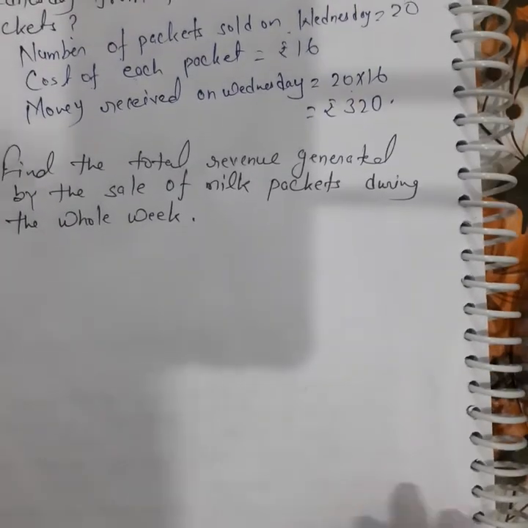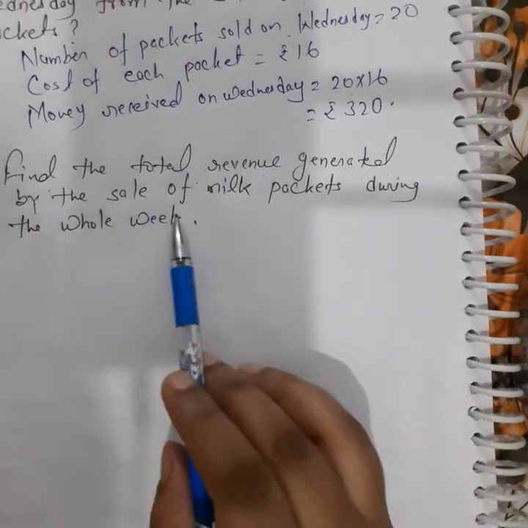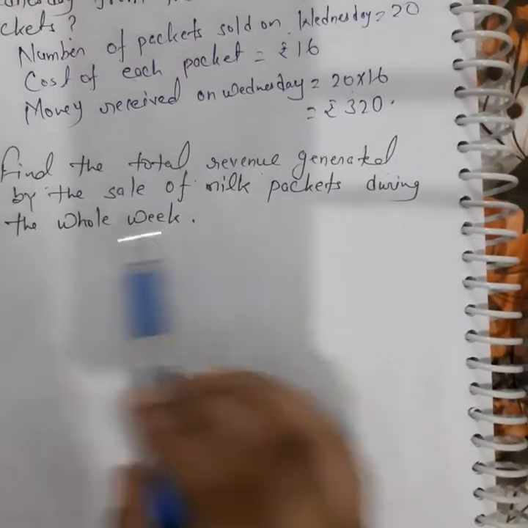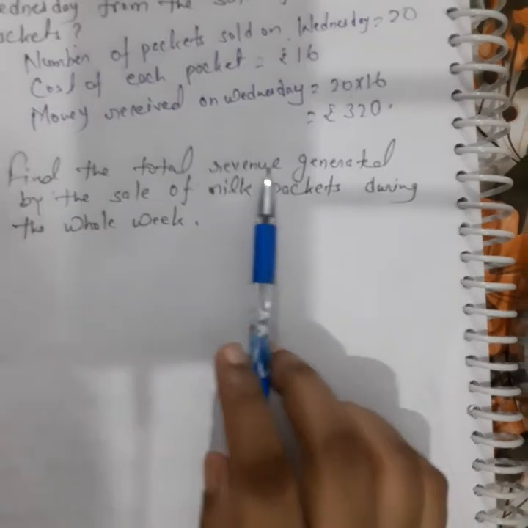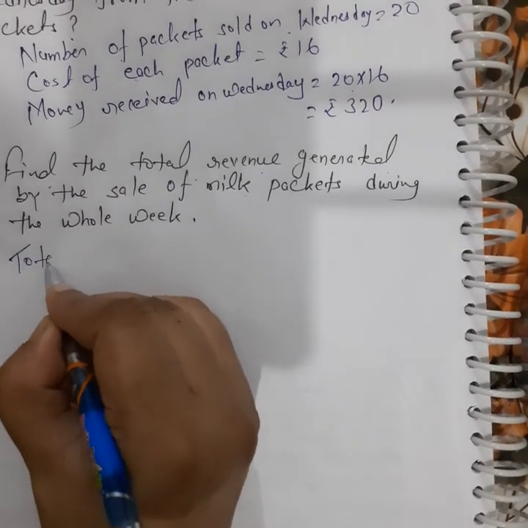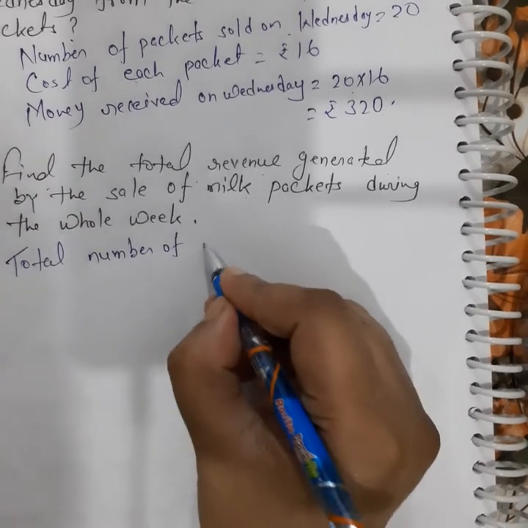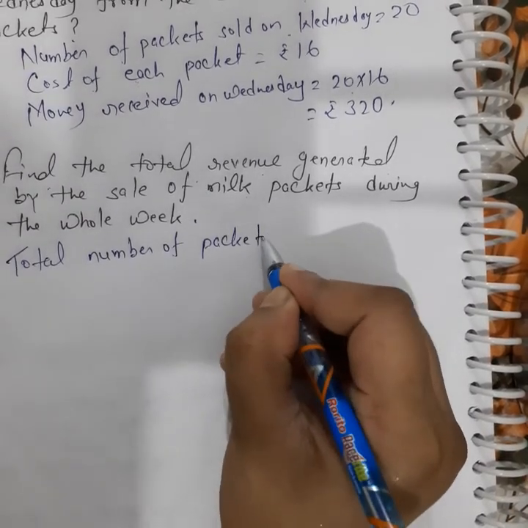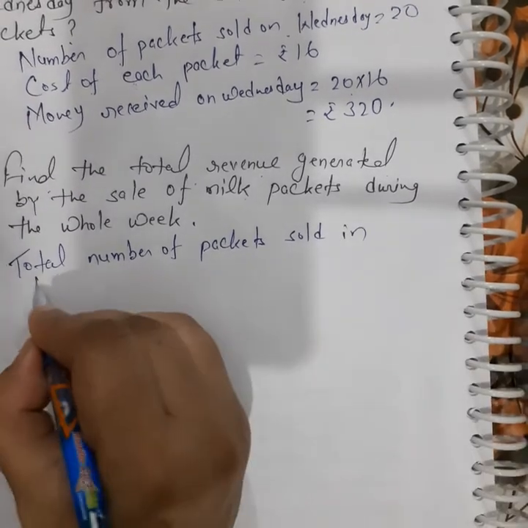Now the next one is, find the total revenue generated by the sale of milk packets during the whole week. What we have to find out is the total revenue for the whole week. For that, first we have to find the total number of packets sold in the given week.